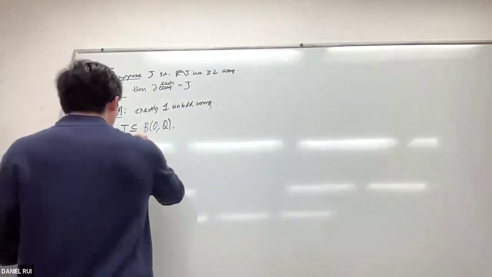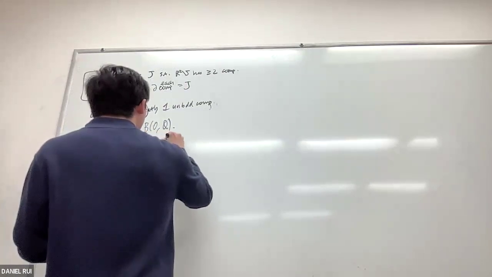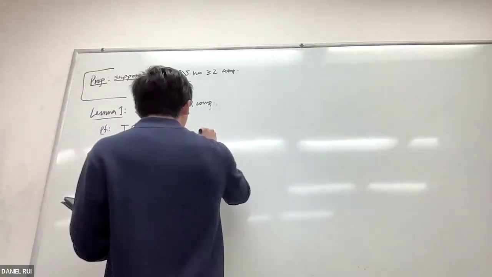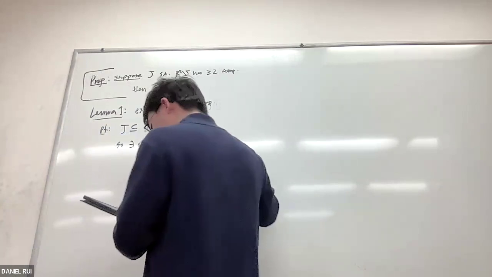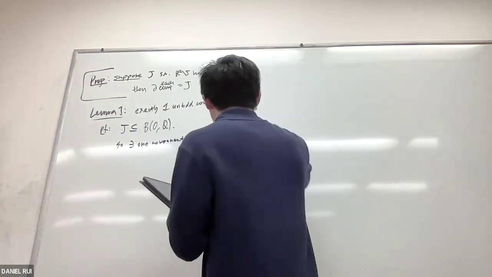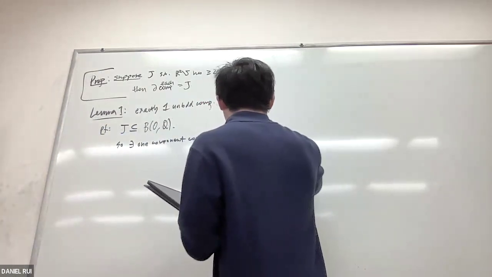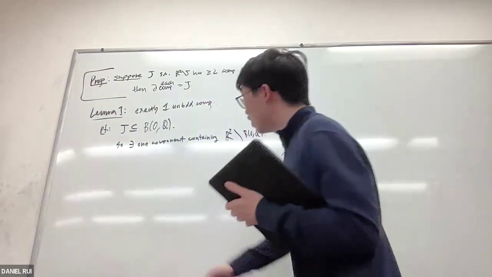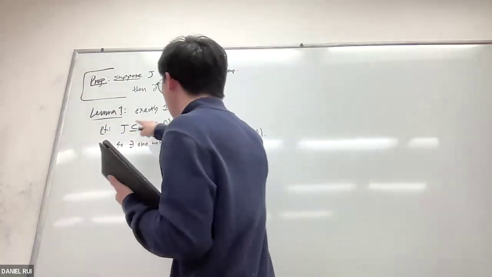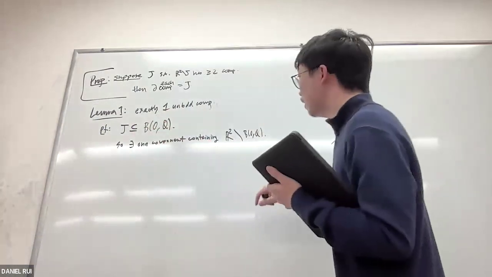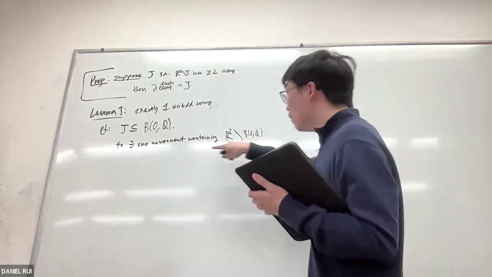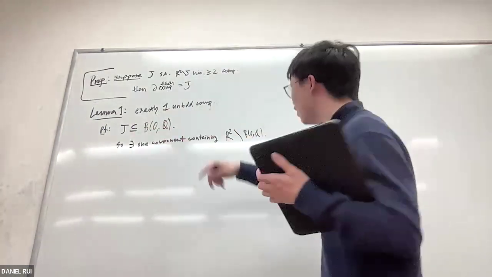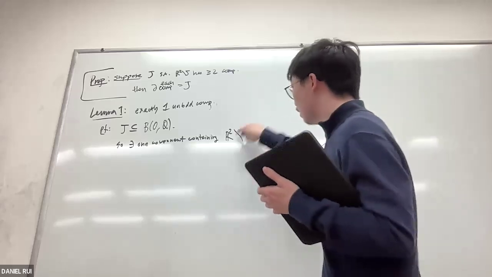So there exists one component containing R2 minus B0Q. This is because J is strictly contained in this open ball. The complement of J is everything else, and so it must contain this.